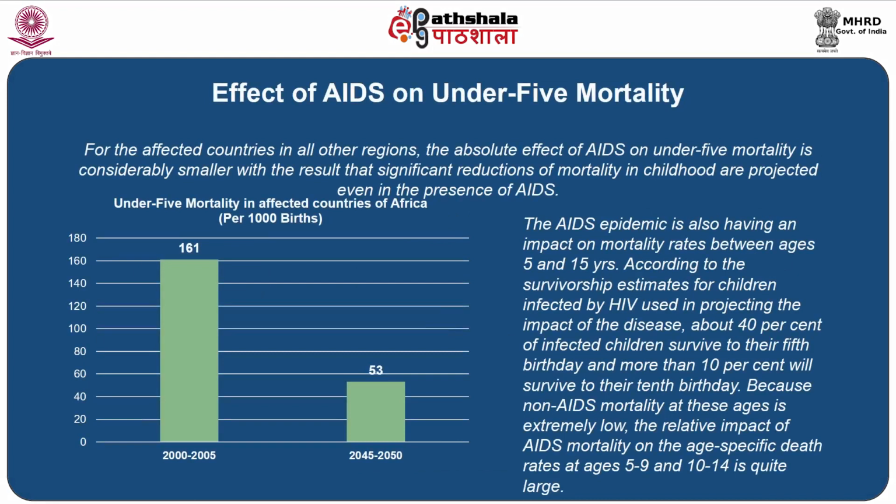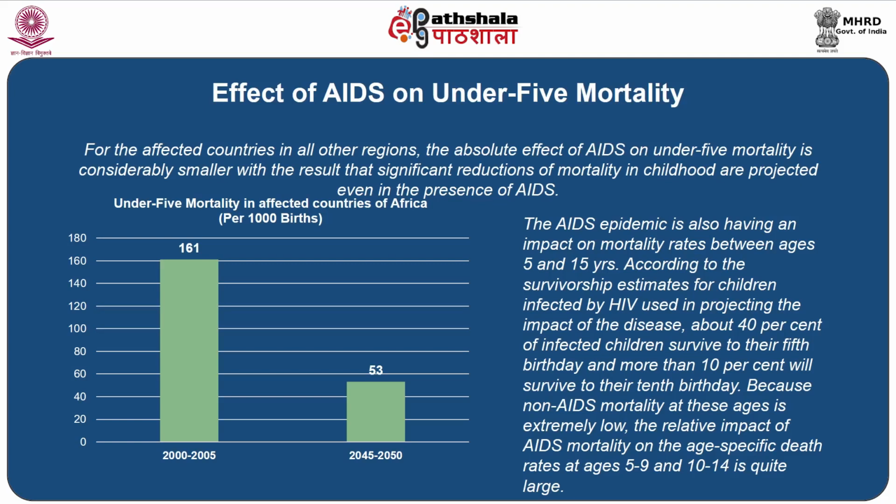But even for the affected countries of Africa, under 5 mortality is expected to decline from 161 deaths per 1,000 births to 53 deaths per 1,000 births between 2005 to 2050.